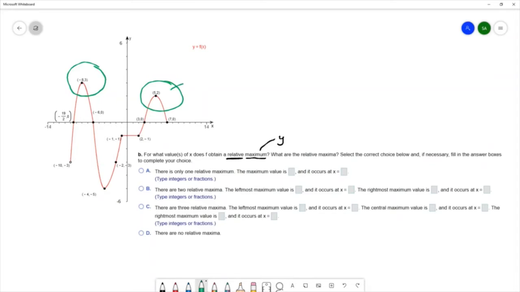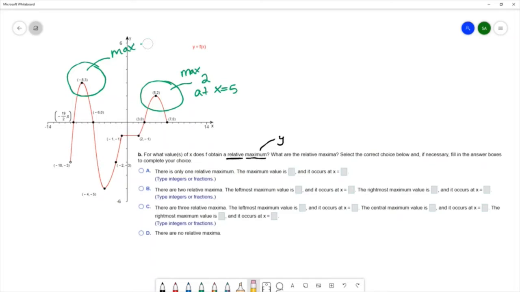So for this one here, we would have a maximum of 2. That's a max y value of 2 at x equals 5. And for this one here, we have a max y value of... not -8.